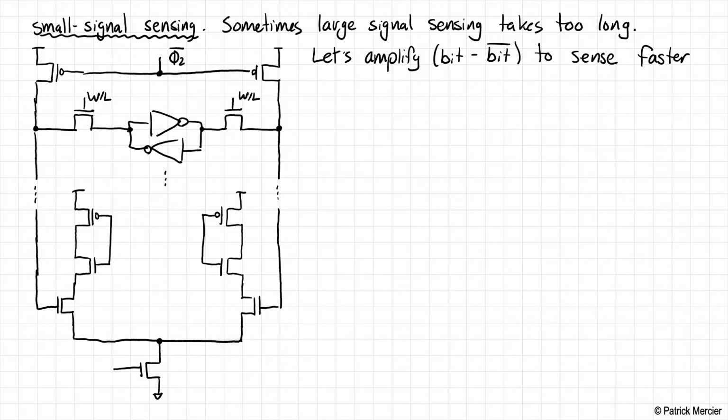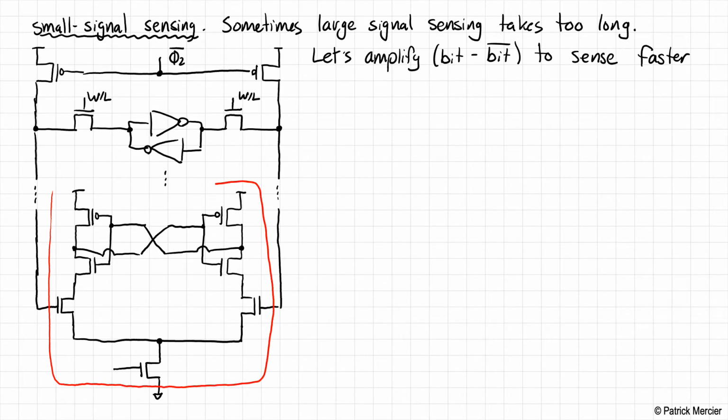And I'm going to draw this slightly differently than I did for the SRAM cell. These are cross-coupled inverters. The output of one is connected to the input of the other one. So we call this circuit that I'm going to box in red a sense amplifier. And specifically, this is referred to as the StrongARM sense amplifier.